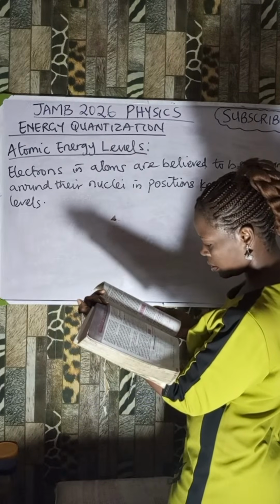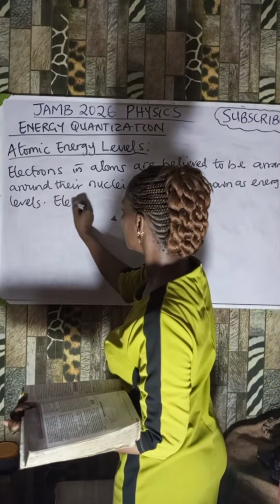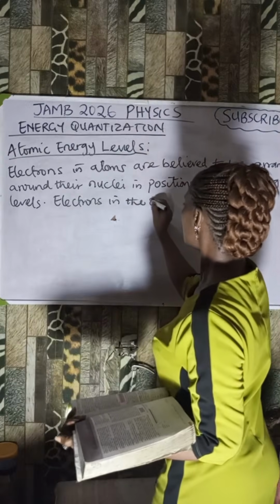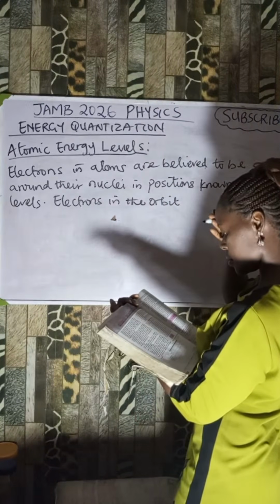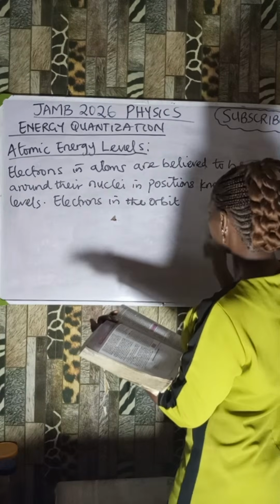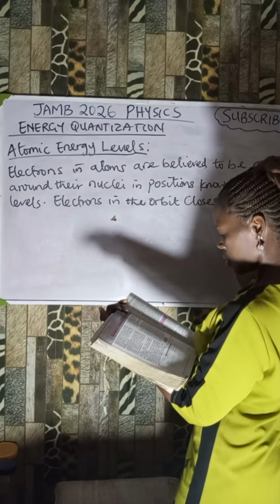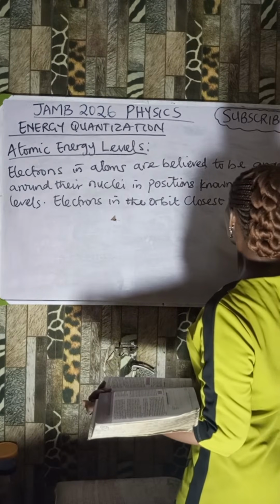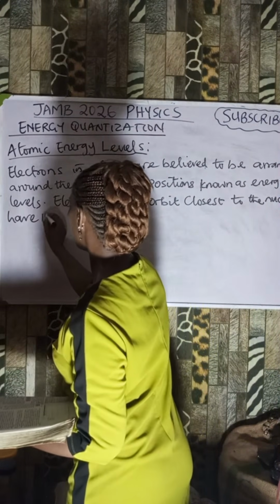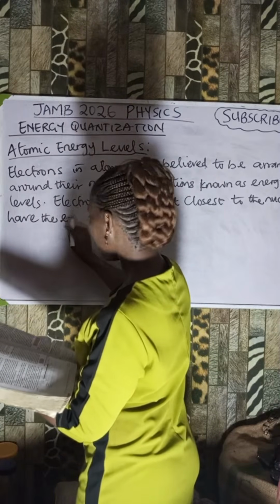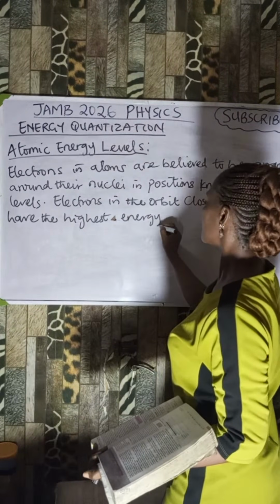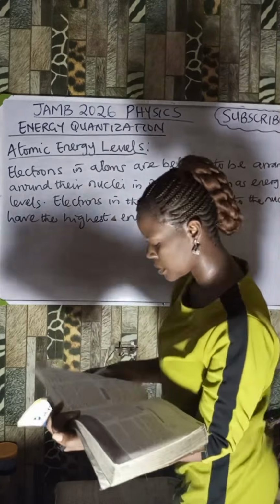Okay, then I'll just be fast. Electrons in the orbit closest to the nucleus have the highest energy levels.